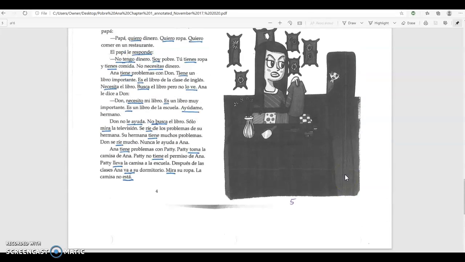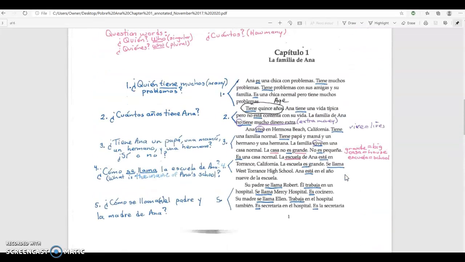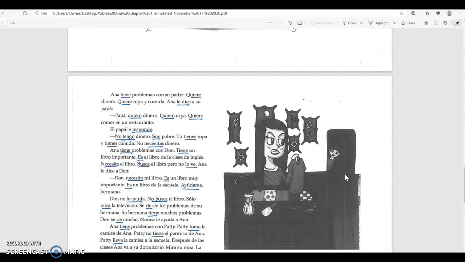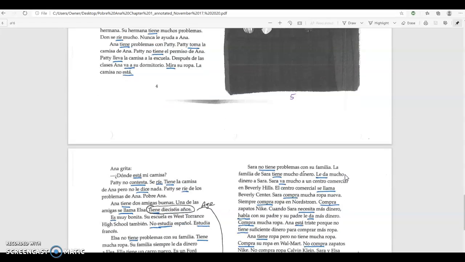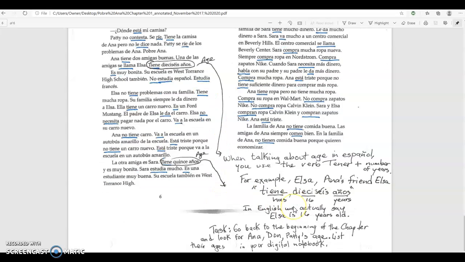Do you have to read the entire chapter? No, but you have to read pages 1, 3, 4, and just 2 paragraphs as I am annotating here to answer the task about age.